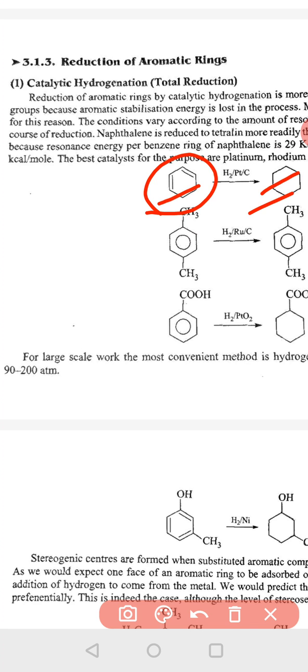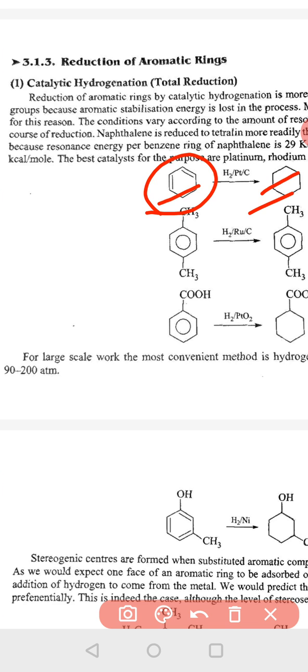The conditions that we need depend upon the amount of resonance energy which is lost during the course of reduction. If we reduce naphthalene to tetralin, then this reduction is carried out more readily than reduction of benzene. Benzene is reduced to cyclohexane.